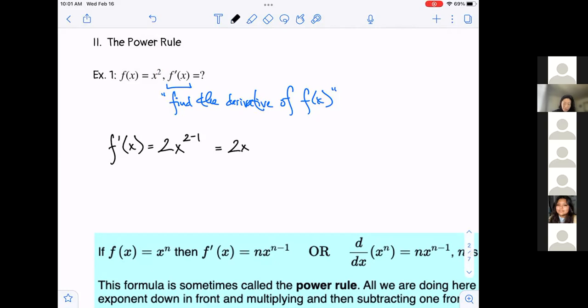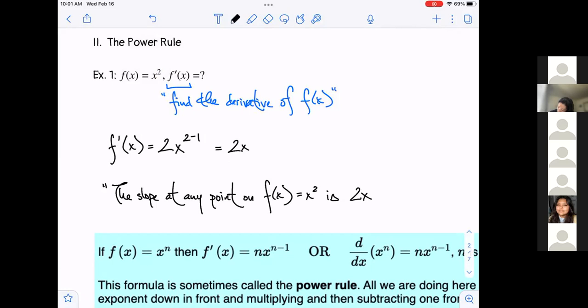Okay. If we were to write this out in words, this means that the slope at any point on f of x, all right, so the slope at any point on f of x equals x squared is 2x.